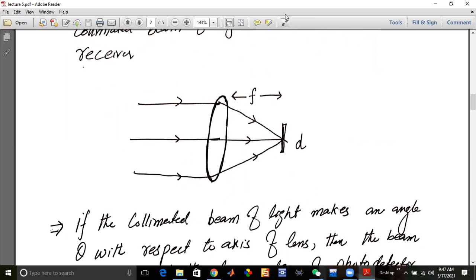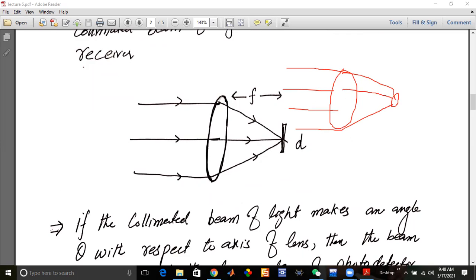But why is this a line? It is a spherical surface, but when you see the circle from the side, it looks like a line. For example, this is a spherical lens and this is a spherical photodetector. When we shine this collimated beam of light, it will focus all this light at the center.